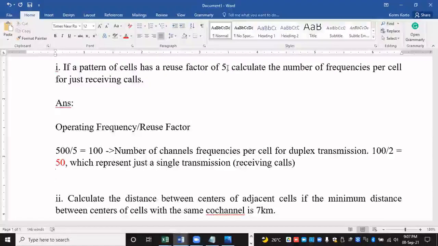Since the question is asking for just receiving, you have to divide that number by 2. So it's actually 50 for transmitting and 50 for receiving. Okay?